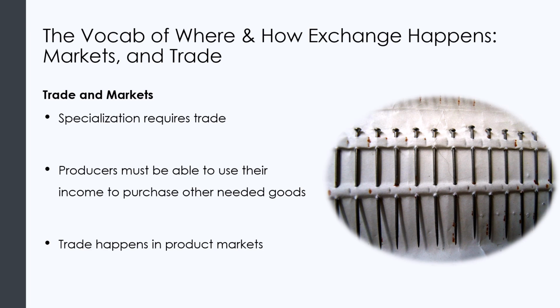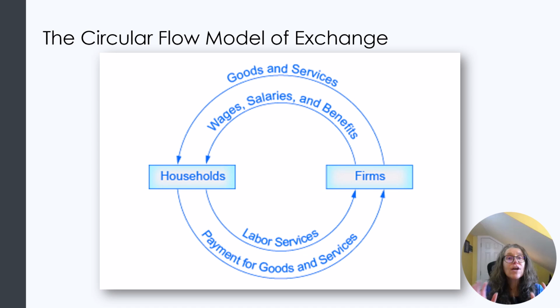And those exchanges facilitate other exchanges in the market as we all use our skills and abilities to generate our own income and then trade that income for the things we want and need. We call that series of exchanges the circular flow model, and it really does set the tone for every exchange we have, both for economic goods and free goods.